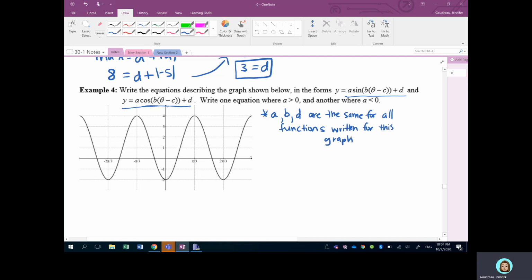After that, the only difference is going to be C. Whether we're doing sine or cosine, A, B, and D are going to be the same. It's the C value that's different.